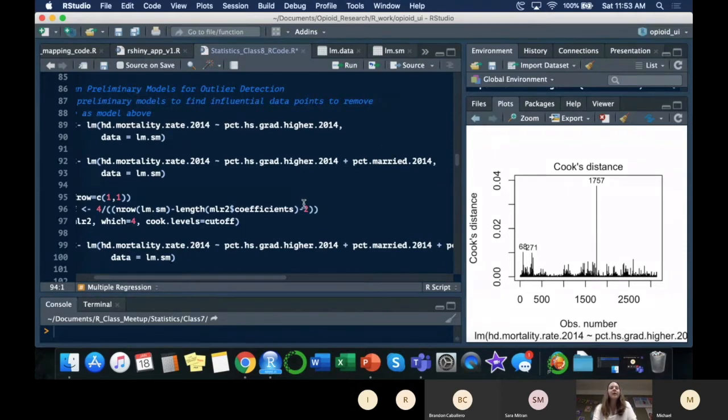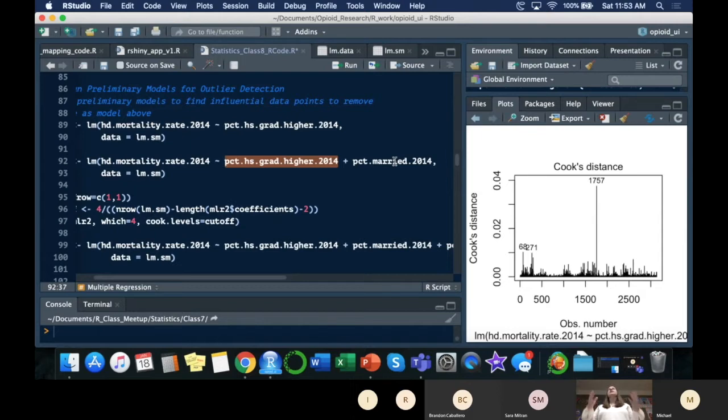It's going to do a similar thing, but you can think of what this means in practice. So when we have a coefficient for this percent of high school graduation variable, it will give us the coefficient. And what that means is the effect of the education while holding the percent married constant.